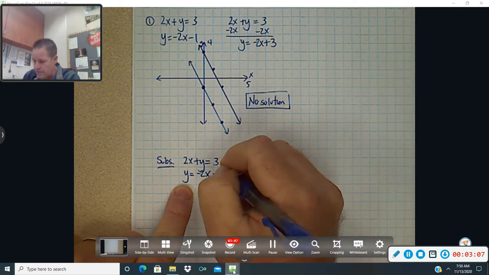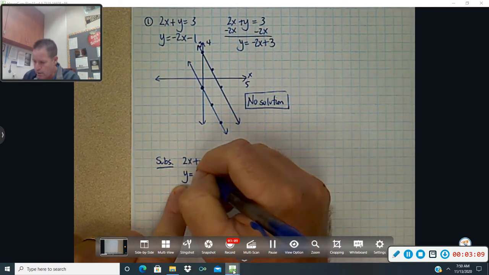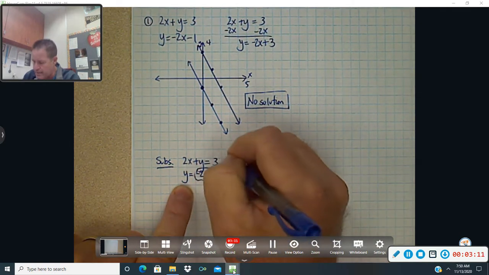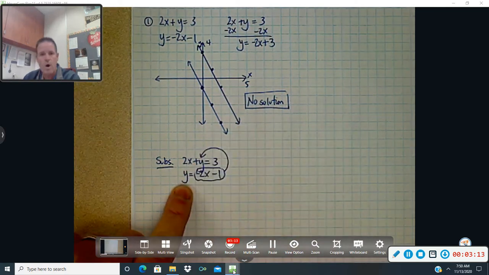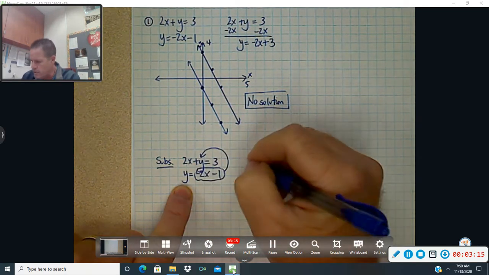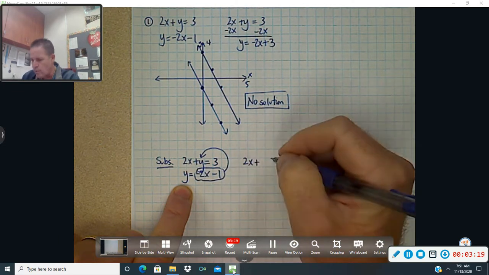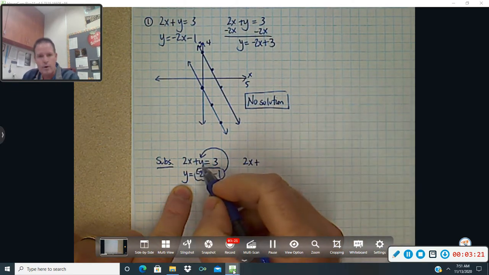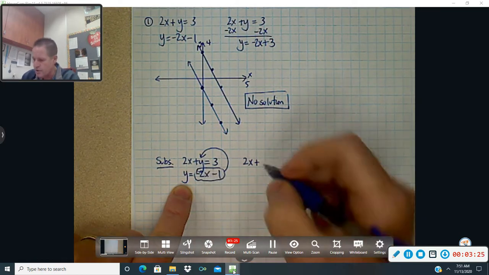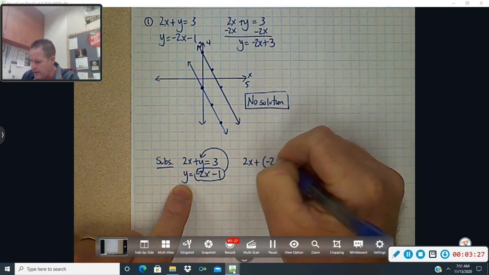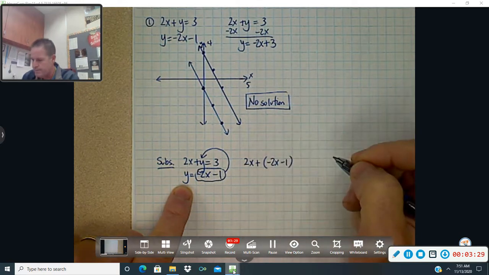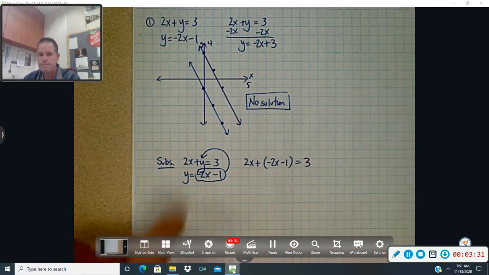Y is negative 2x minus 1. So we're going to take that and substitute it in as y. So that means we're going to have 2x plus whatever y is. There's not a number to multiply because it's not 3y or 5y or something like that. So it's just going to be plus this whole thing, negative 2x minus 1 equals 3.